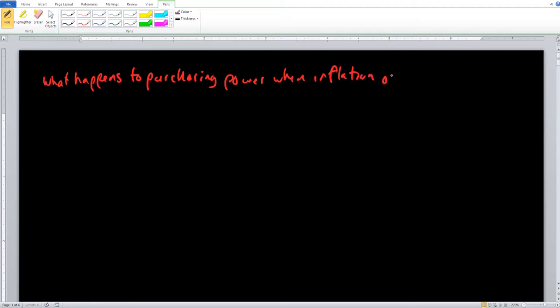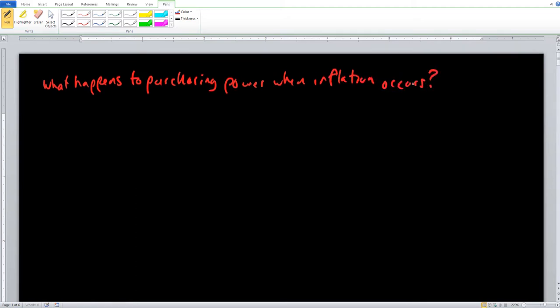So a question that we want to ask, starting off with inflation, is, what happens to purchasing power when inflation occurs? Here, the easiest way to take a look at this is to define what purchasing power is.